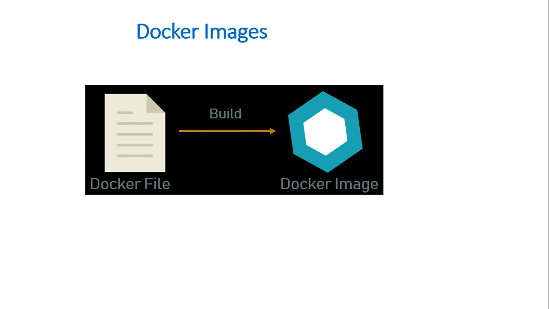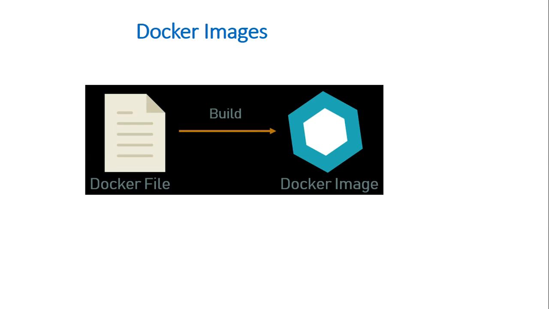So how do we create an image? If we build our solution, or build our project, does the image get created? No. To create an image, we have to use a file called the Dockerfile. In this file we have to provide the step-by-step instructions, what files need to be included in the image, and all that information.